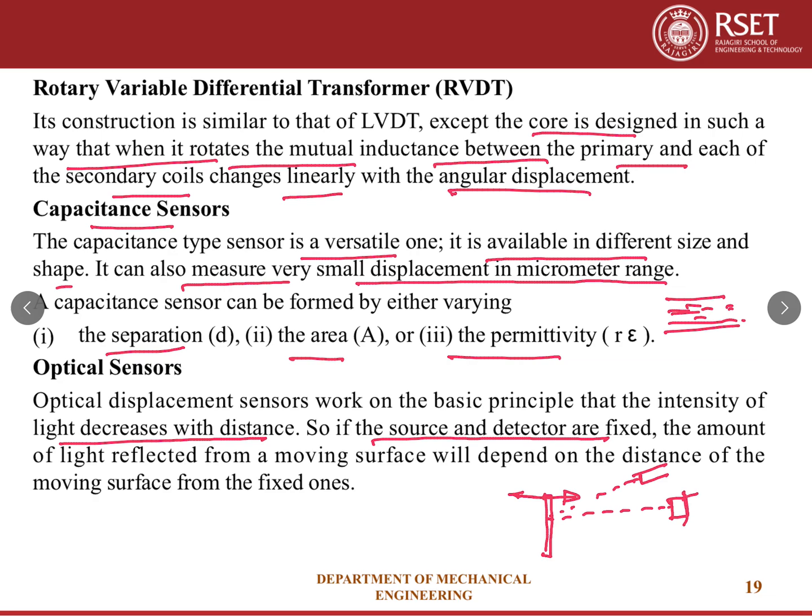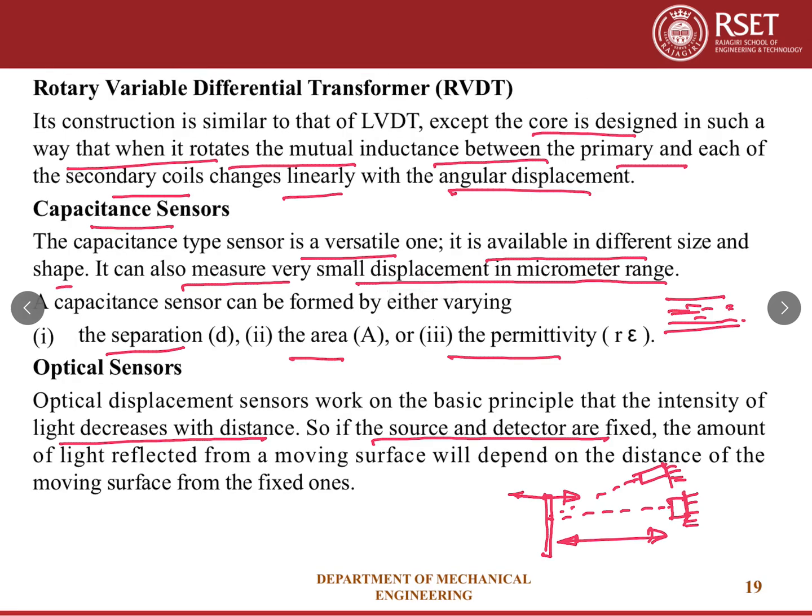These two are fixed, and the intensity of light reflected from the moving surface will depend upon this distance. That is used for sensing displacement in optical sensors.